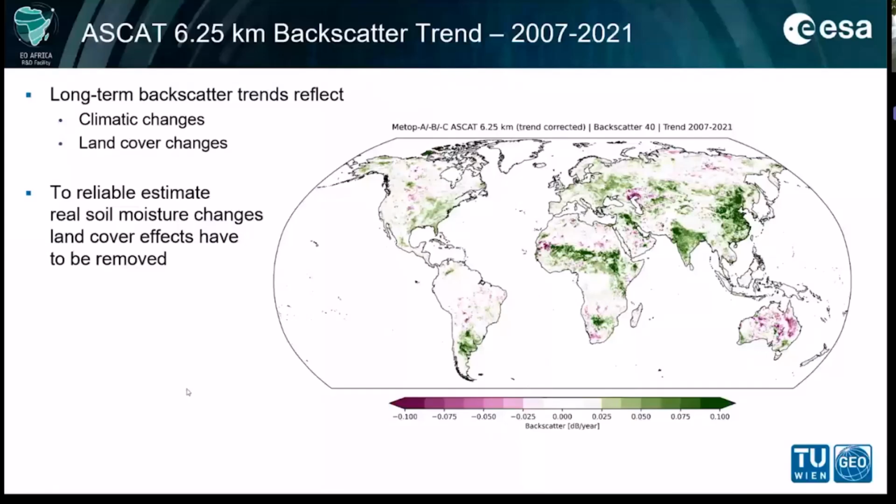There are some areas, shown by these pinkish colors, where we saw a decrease. Now the challenge is that some of these backscatter changes could of course reflect real changes in the climate, meaning higher soil moisture conditions, or maybe more vegetation. But there can certainly also be land cover changes that have an impact on the trend. So in order to reliably estimate the real soil moisture changes, we had to remove the land cover effects.